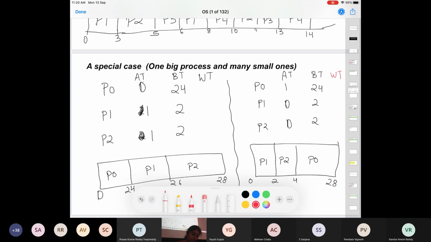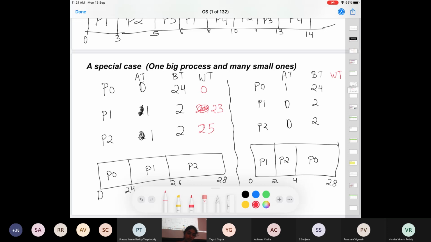P0 is not at all waiting here, right? P1 is waiting here for 24 milliseconds. And P2 waits for 24 or less. So it came at 1, right? It's allocated at 24, so it's actually 23 to be exact. P2 came at 1, got the CPU at 26, so it waited for 25. Right? So one process is waiting for 23, other is waiting for 25.